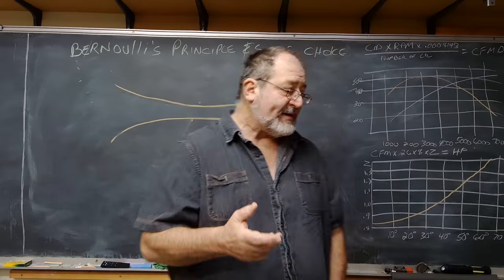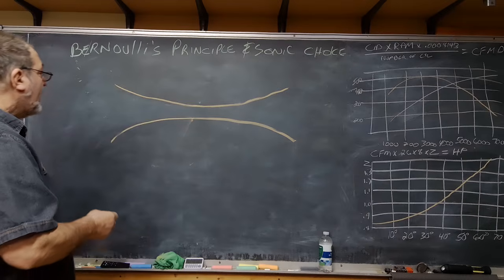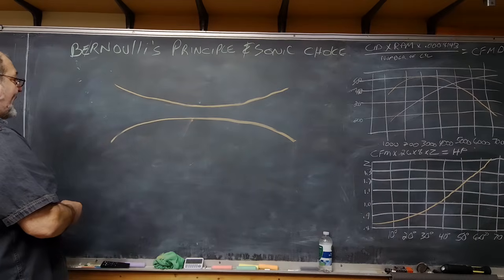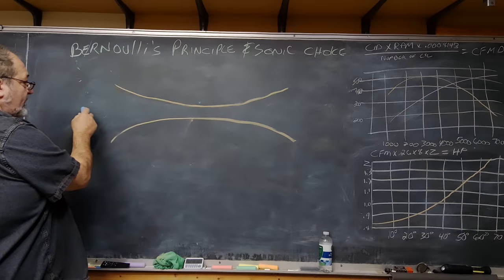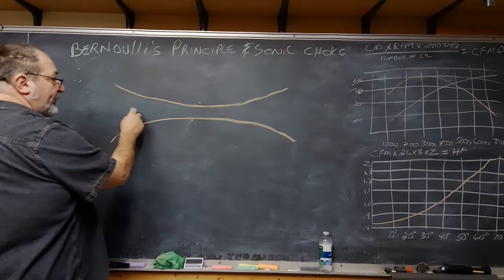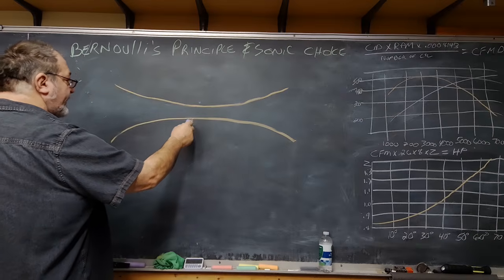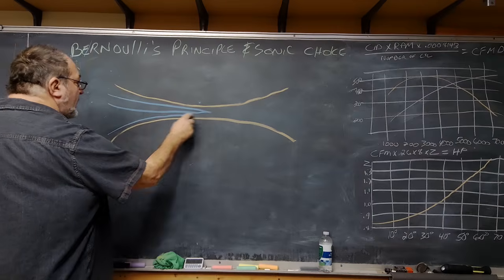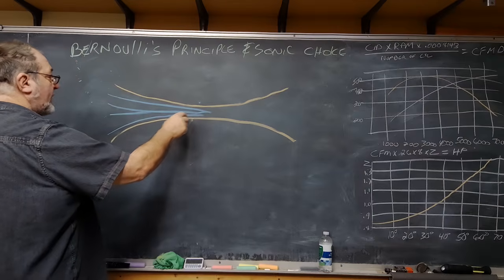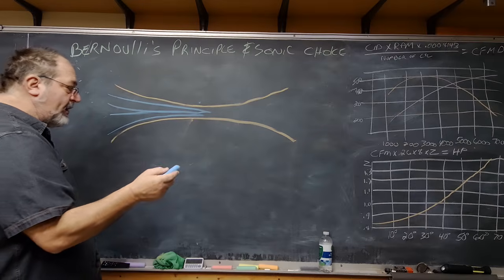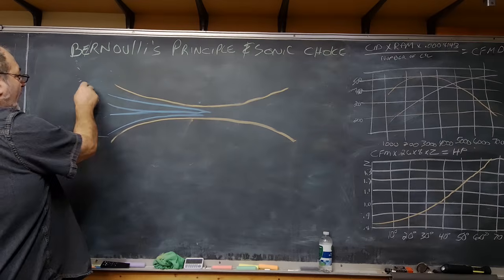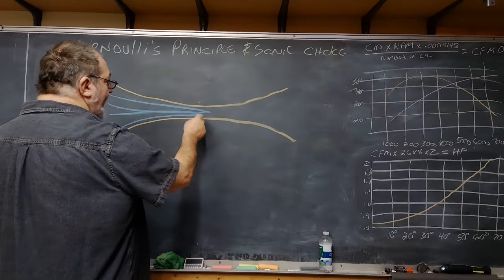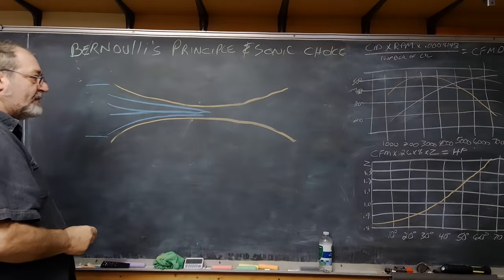Now, the basic idea is that in a Venturi, you have a restricted area, and the air, as it starts from the entrance, will speed up going through the restricted area. So the air all starts coming through, and guys will tell you, well, you get the volume of the entrance and you get the airspeed in the center, okay?